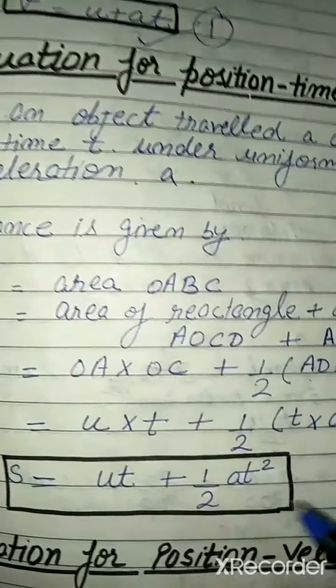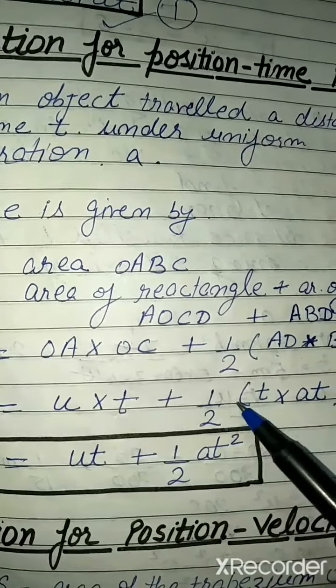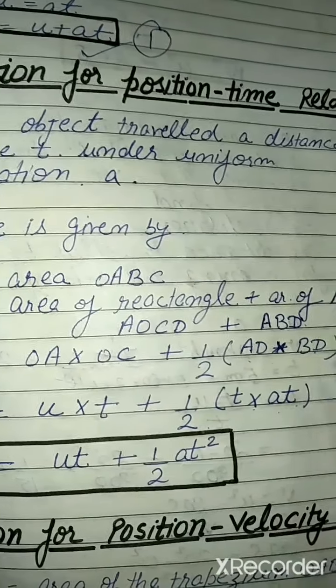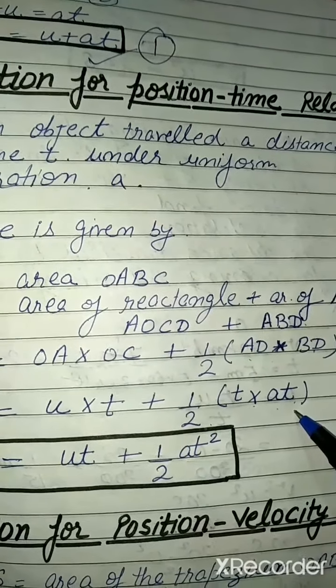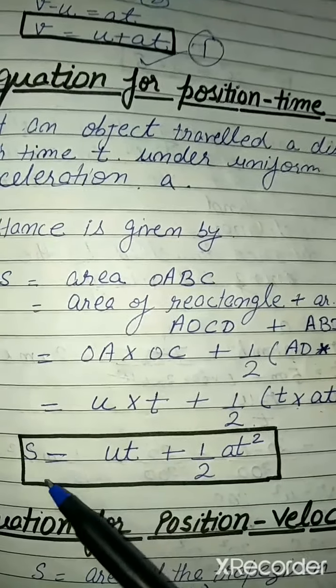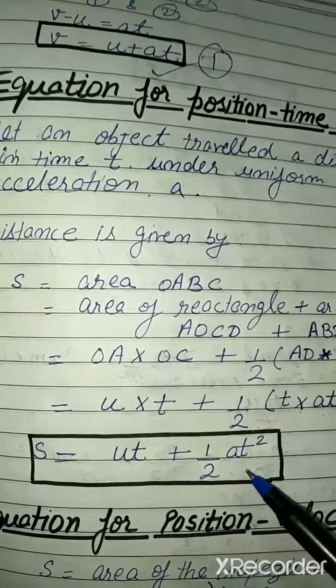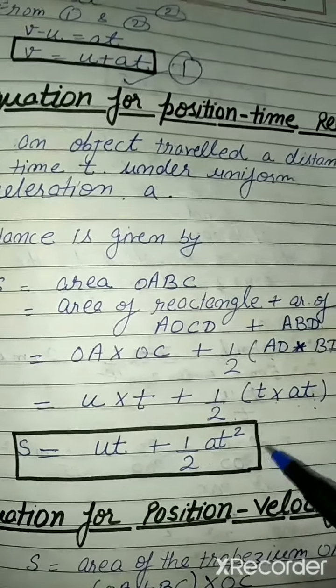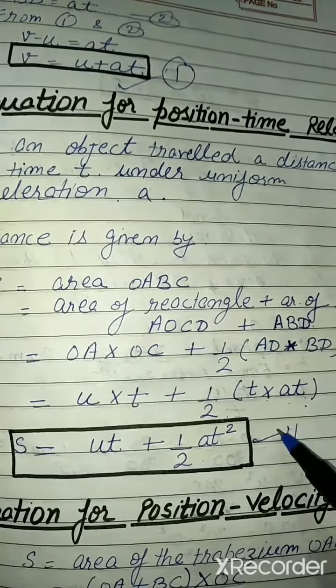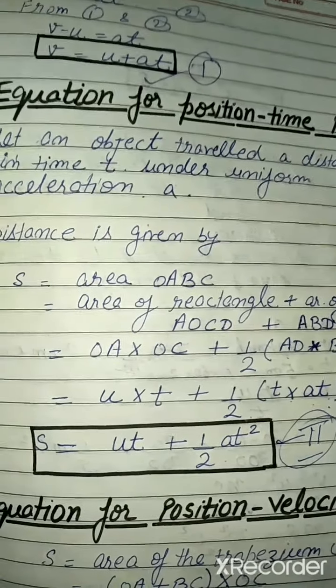So we write all the terms here, u into t plus half t into BD, which is at. So it comes s, that is the distance denoted by s, equals ut plus half at square, right? So this is the second equation of motion we derived here.